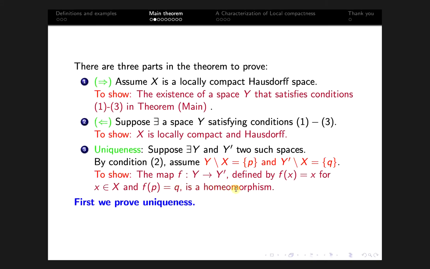Okay, so we have to show that this map f is a homeomorphism.